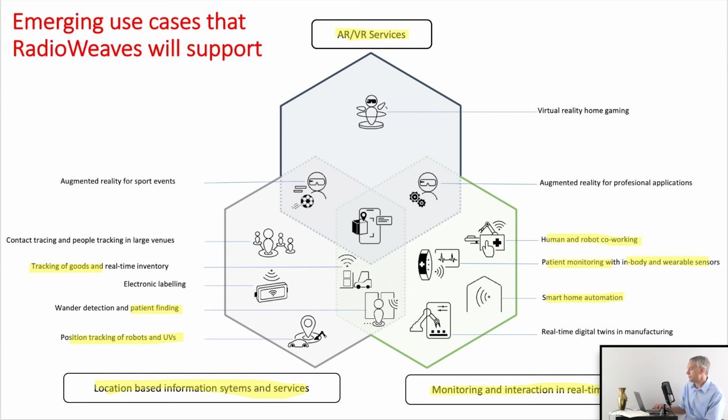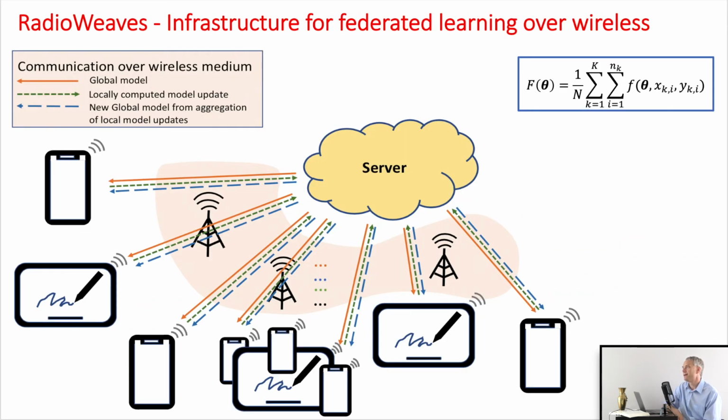Another, well, if not use case, at least application, say, of radio waves technology would be to support emerging infrastructure for distributed and federated machine learning. So here the idea is that we have a server, and the server maintains a machine learning model, and then we have devices that make their own observations of, say, training data that is going to be used to train this model.